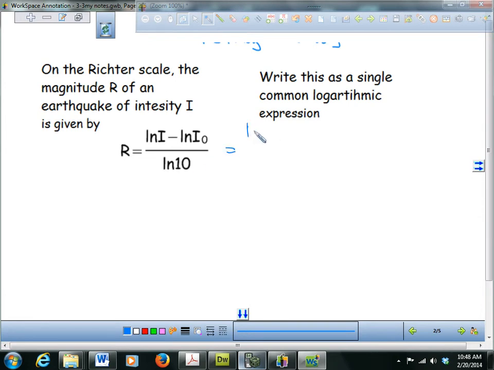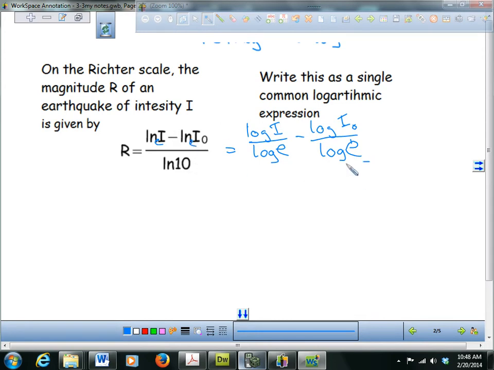This is kind of tricky, so I'm going to write this as log of I over log of what? What's the base down here? E? Okay. Minus log of I sub 0 over log base 10 of E, right? Log of E, because there's an E down here.